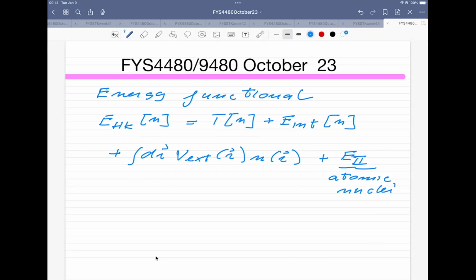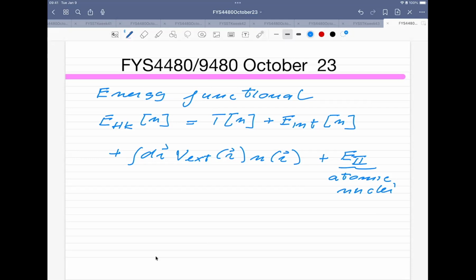But then there is an exchange part, which does not have a trivial density dependence. And we are coming back to that today because you have things like the local density approximation, which is often used as a starting point when solving the Kohn-Sham equations.